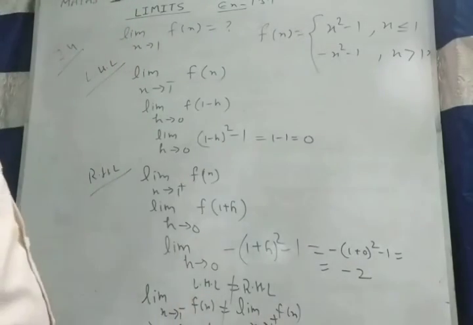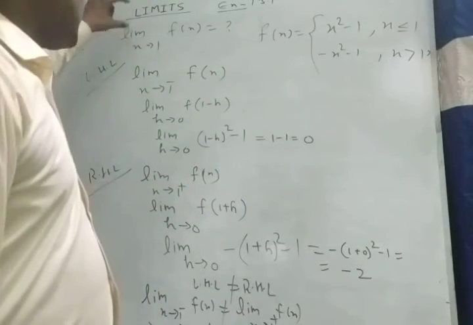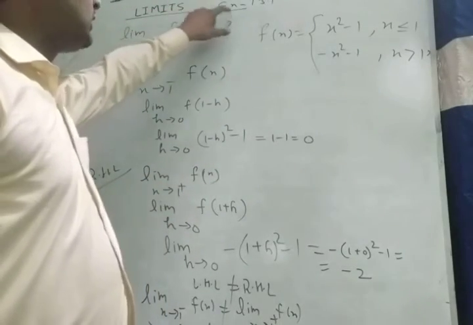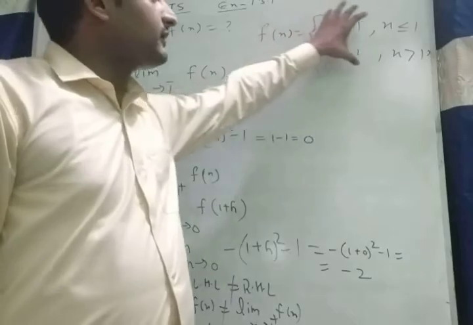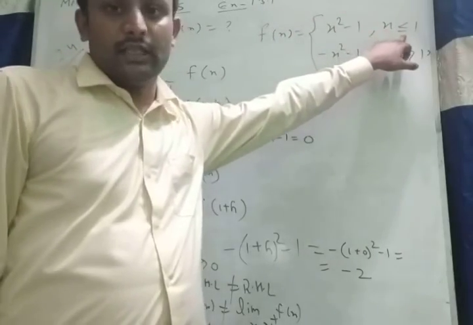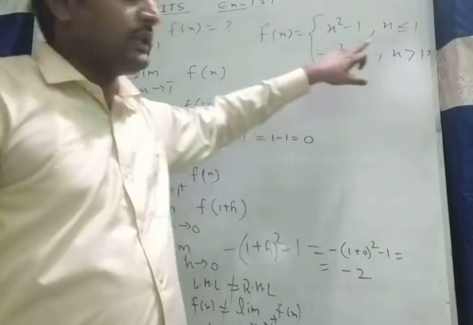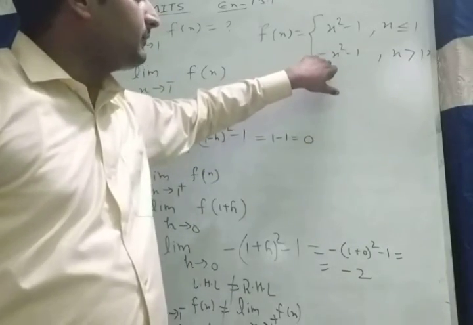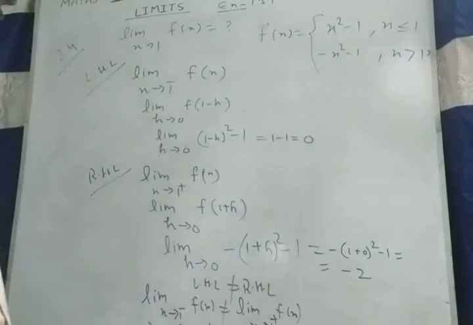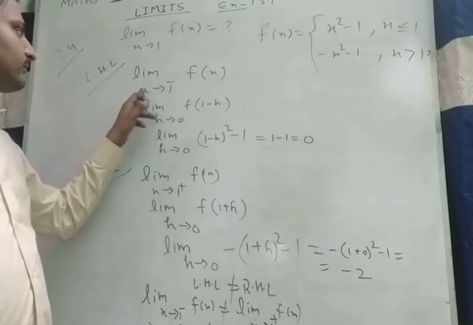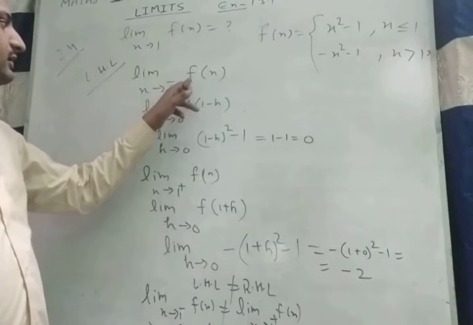Look at what we have done. We have to find limit x tend to 1 f(x), and the given function is this. When x is less than equal to 1, the function is x square minus 1. When x is greater than 1, the function is minus x square minus 1. First we are taking left hand limit x tend to 1 minus f(x).